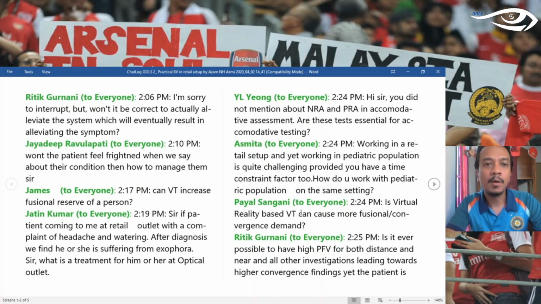So what I will usually do in the retail setup is tell them that because we are talking about non-strabismic binocular vision disorders, which is a latent condition, it's not that bad to have the condition, all right? It's not going to cause any significant impact to their daily activities. Maybe some symptoms will arise from the condition.